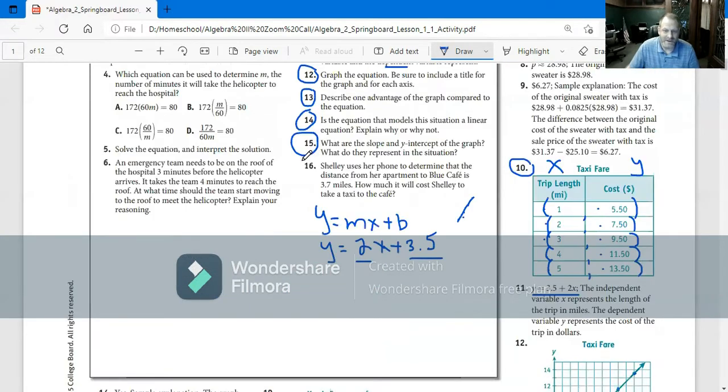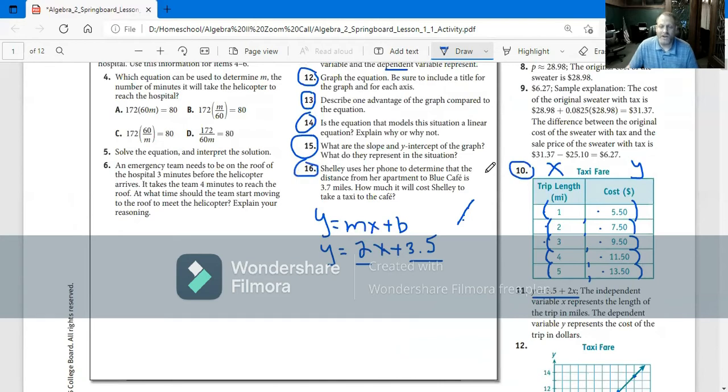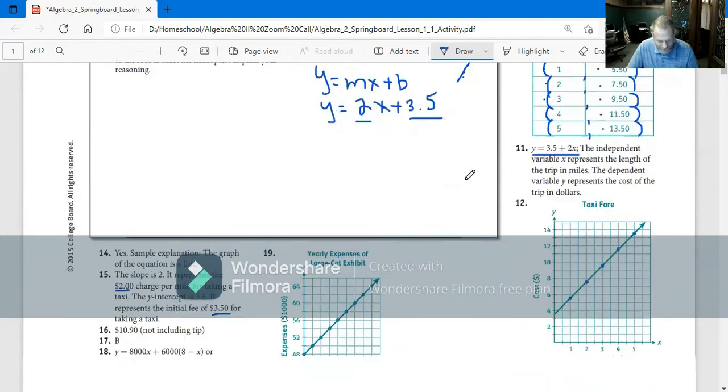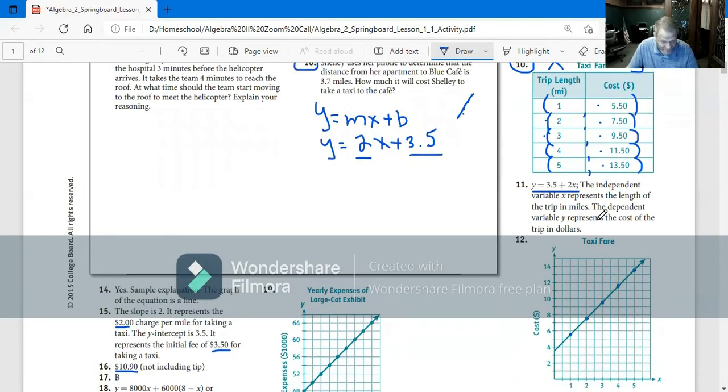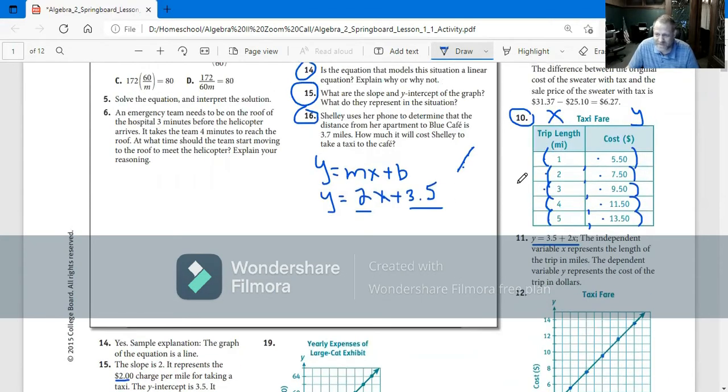Number 16. Shelley uses her phone to determine that the distance from her apartment to Blue Cafe is 3.7 miles. How much will it cost Shelley to take a taxi to the cafe? It will cost her $10.90. If you do the calculations, let's insert 3.7 miles.